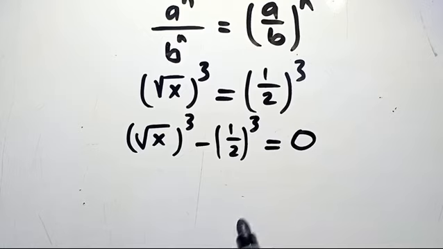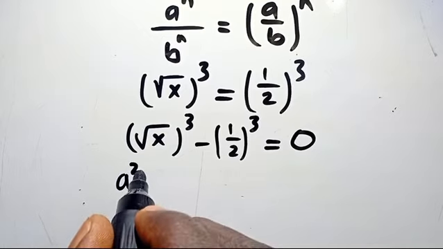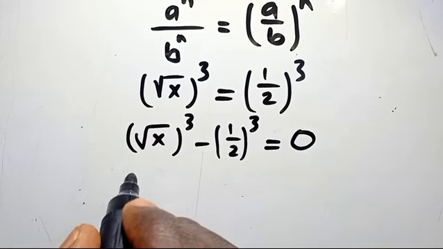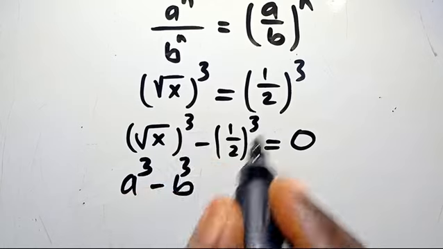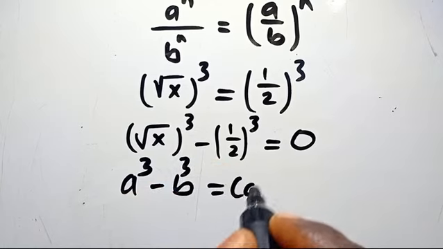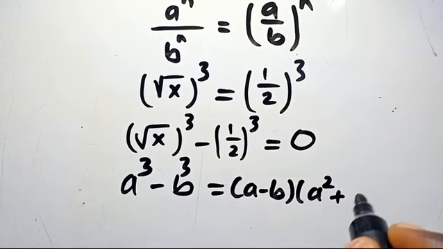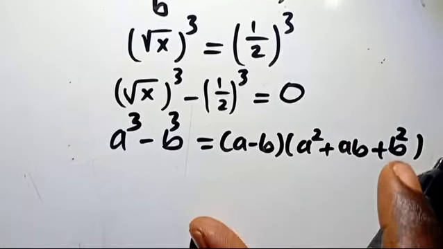Now from here, let us recall when we have a to the power of 3 minus b to the power of 3, as we have it here, it always equals (a minus b) times (a square plus ab plus b square).